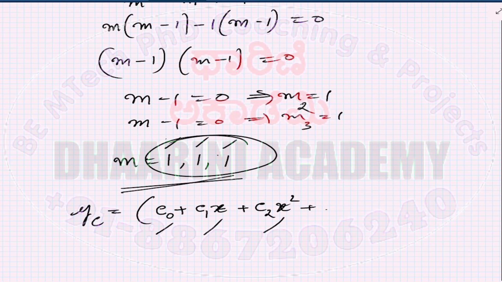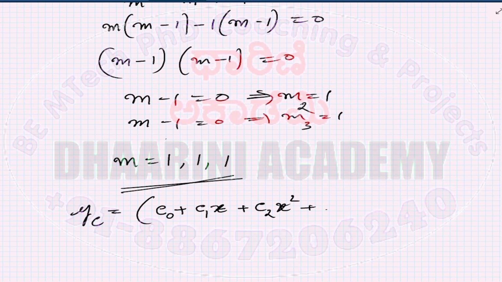So if at all this was, let's assume that this is 1, 1, 1, comma 1. One more 1 was there. Then you are supposed to write C3 x power 3. 4 terms in total. Okay, that's what I meant. Now since there are only 3 roots when I solve the auxiliary equation, the YC term I'm going to write till here only.